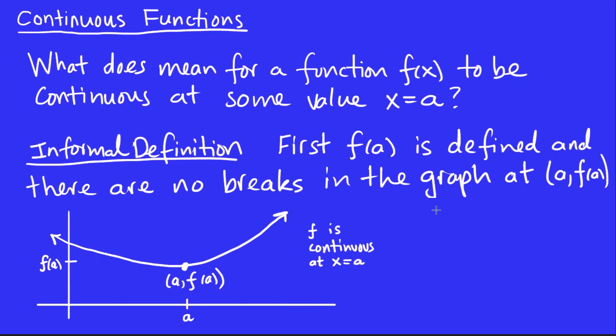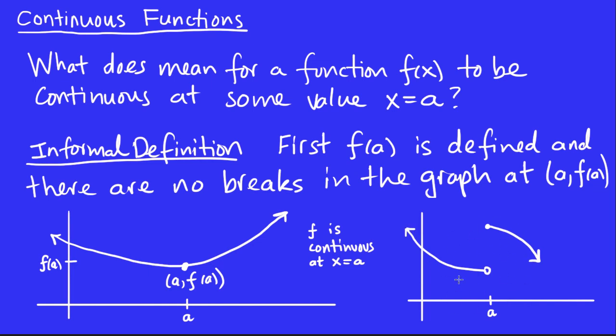Now what I want to do is another graph over here in which it is not continuous there. So let's do an example where we have a situation like this. Let's say a is right here this time. Maybe this is the way our graph looks this time.